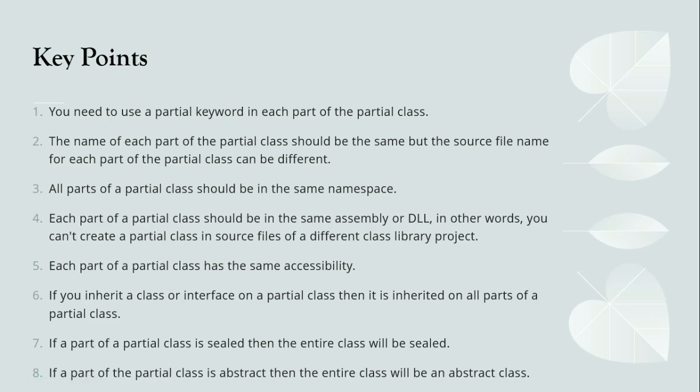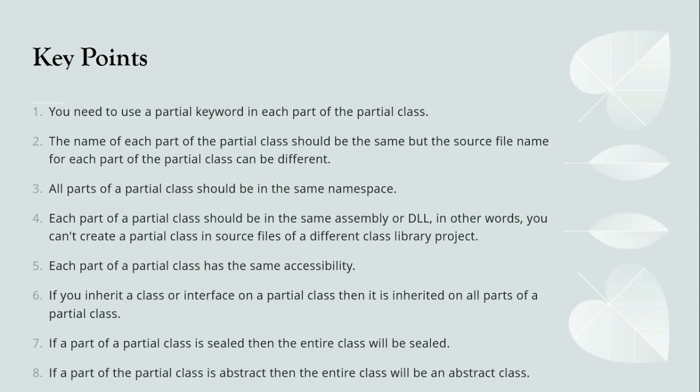So these are some key points about partial class. You need to use the partial keyword in each part of a partial class. The name of each part should be the same, but the source file name for each part can be different. All parts of a partial class should be in the same namespace. Each part should be in the same assembly or DLL, which means we can't create a partial class in a source file of a different class library project.